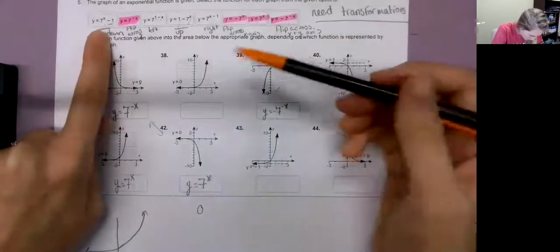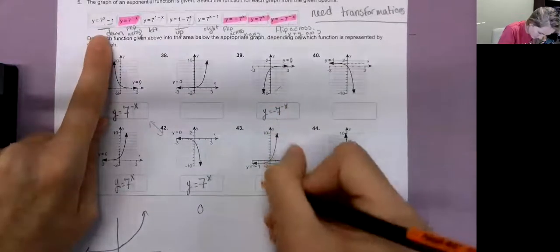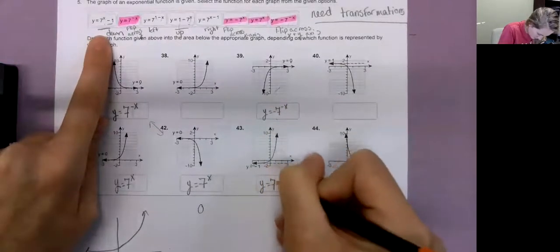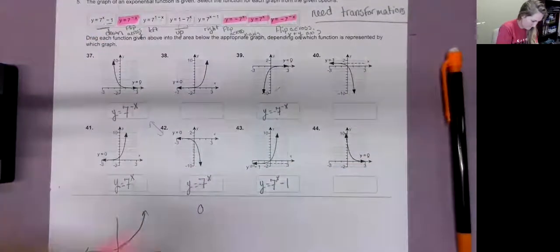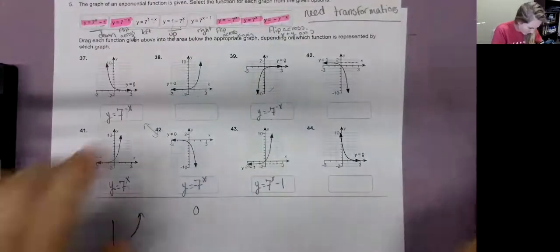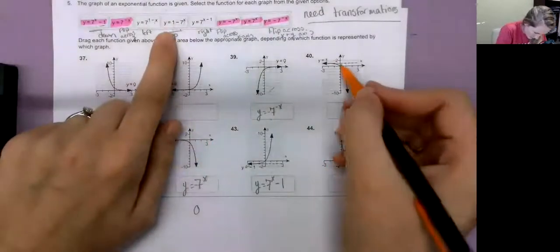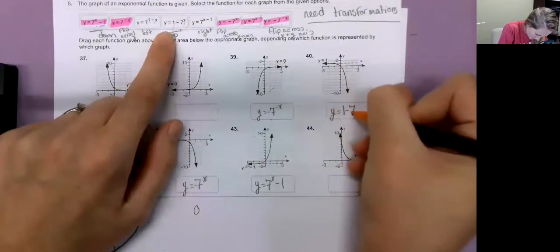Now the one that goes down one. So good, down. So this is this one. So y equals 7^x subtract 1. Our up 1. So this one went up 1. So y equals 1 subtract 7^x.